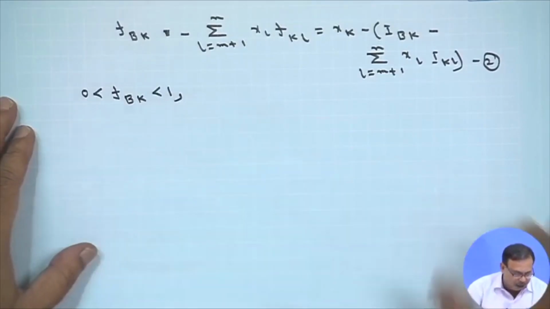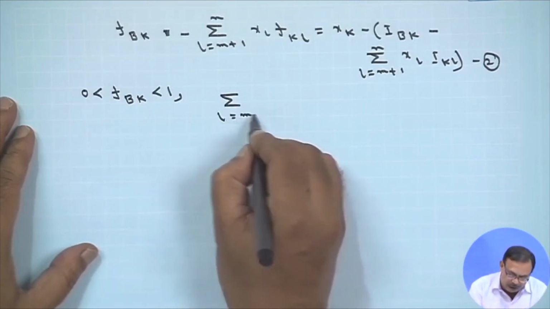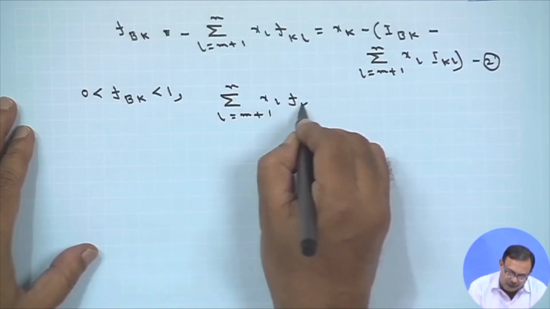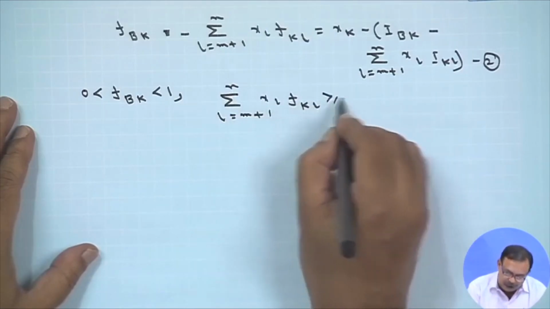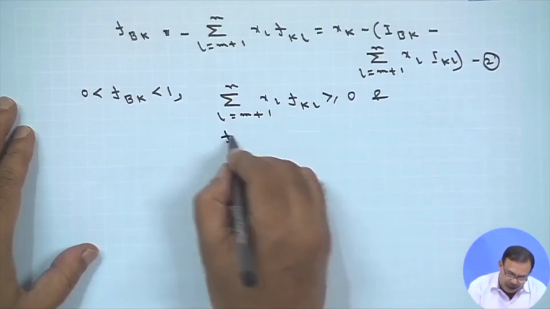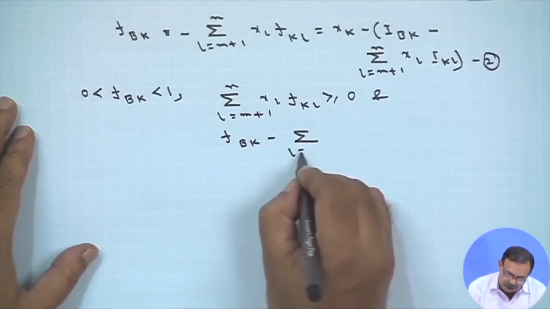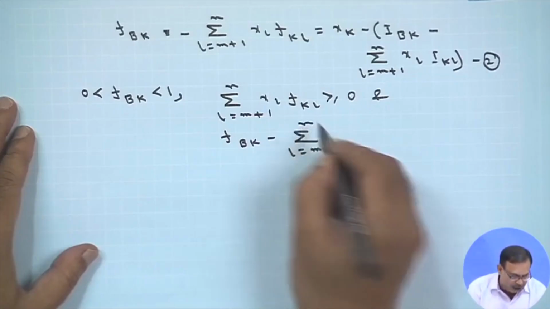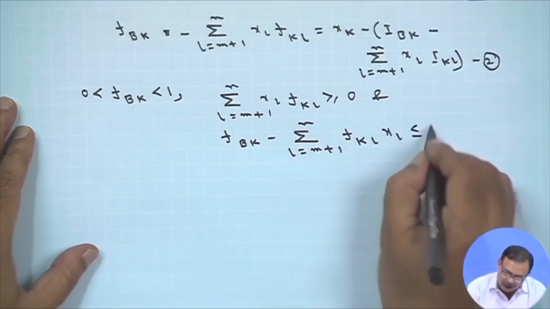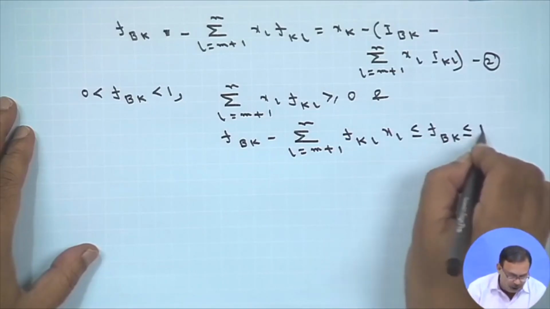0 and 1. So, you can write down summation L equals m plus 1 to n XL f of KL, this will be greater than equal to 0, and your FBK minus summation L equals m plus 1 to n f of KL XL, this is less than equal to f of BK less than equal to 1.